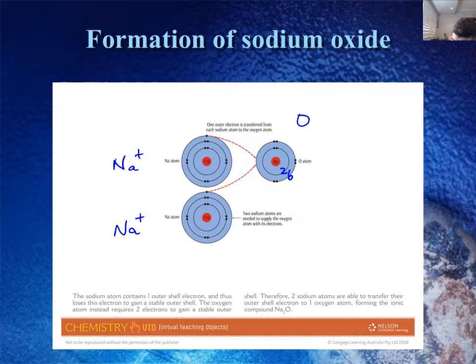That means that the oxygen actually wants to gain 2 electrons, not just the 1. And because each sodium can only donate 1, it's going to need 2 sodium atoms in order to become stable itself. This means that when we write the formula, we need to identify the fact that it's taken 2 sodium atoms to stabilize that oxygen atom, and therefore our formula is Na2O.